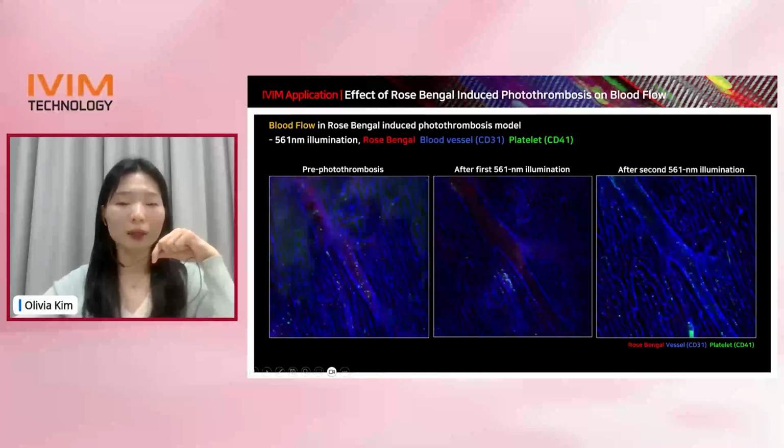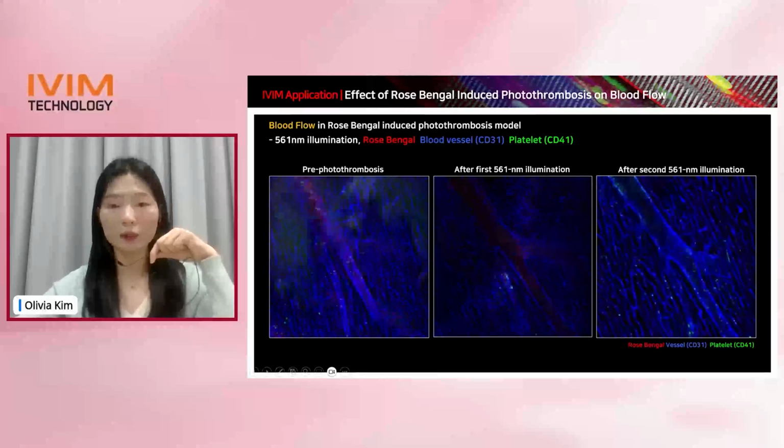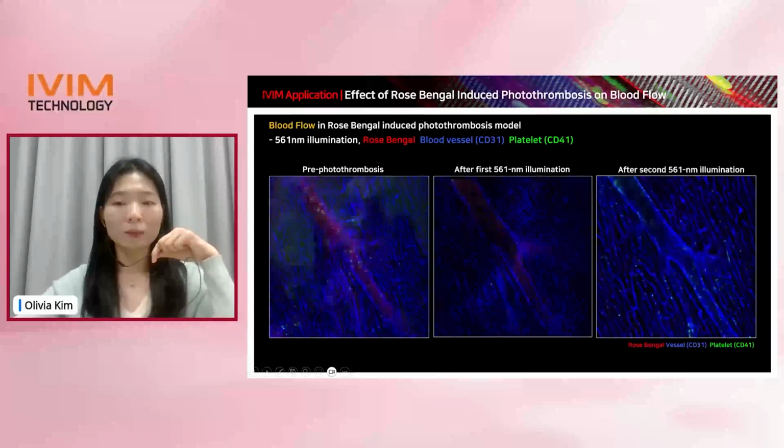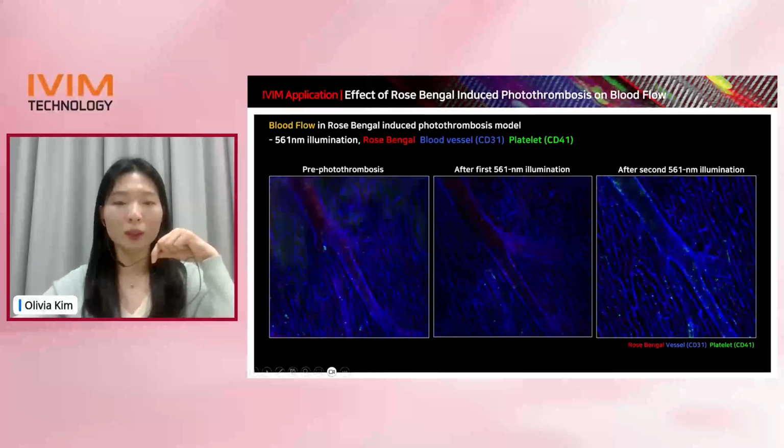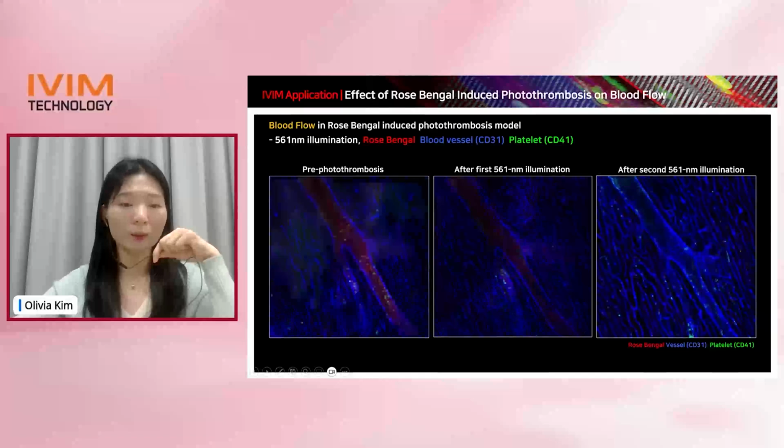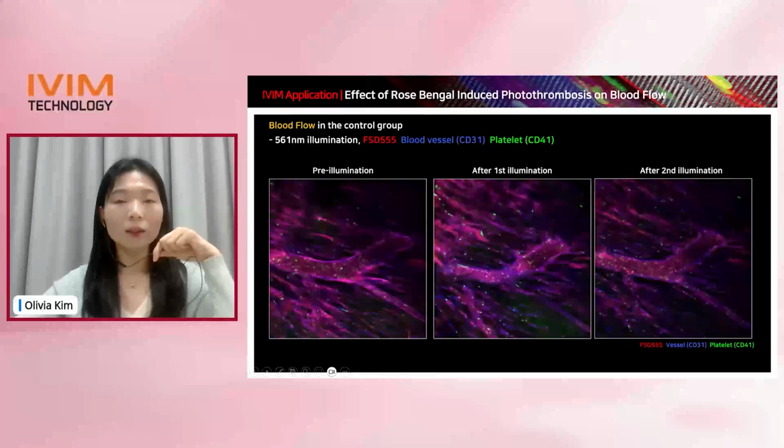To confirm that this effect is specifically due to Rose Bengal and not simply caused by laser irradiation alone, we performed control experiments using a conventional fluorescent dye with a similar wavelength. So to validate our findings, we performed a control experiment using FSD555, a fluorescent dye with a similar excitation wavelength to Rose Bengal.